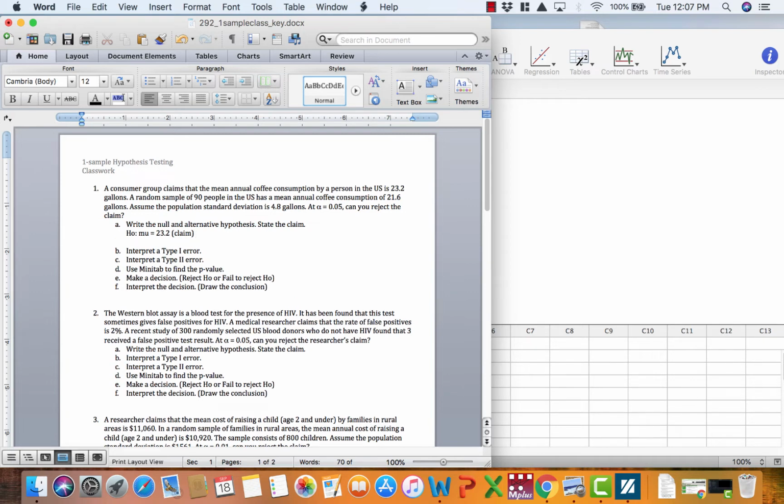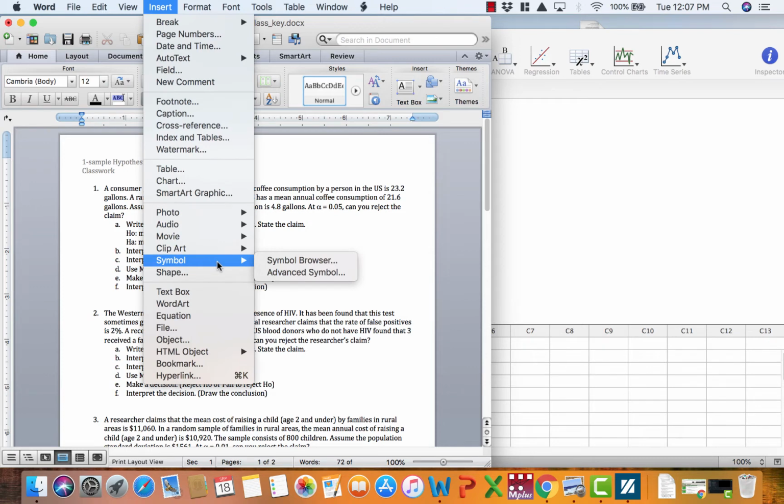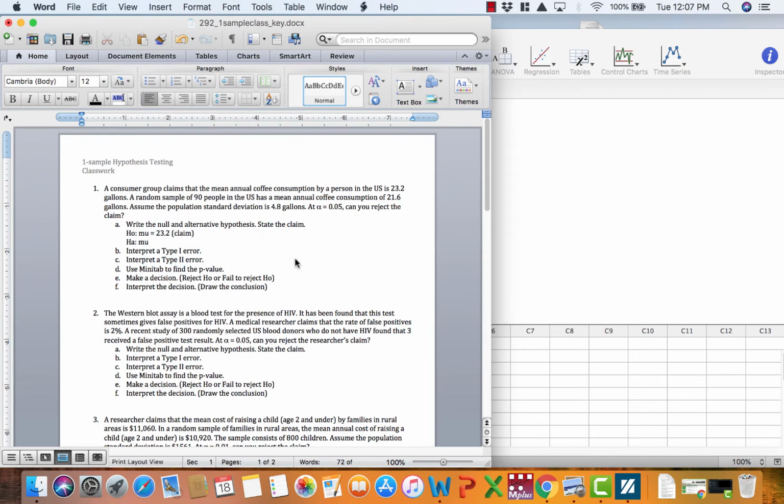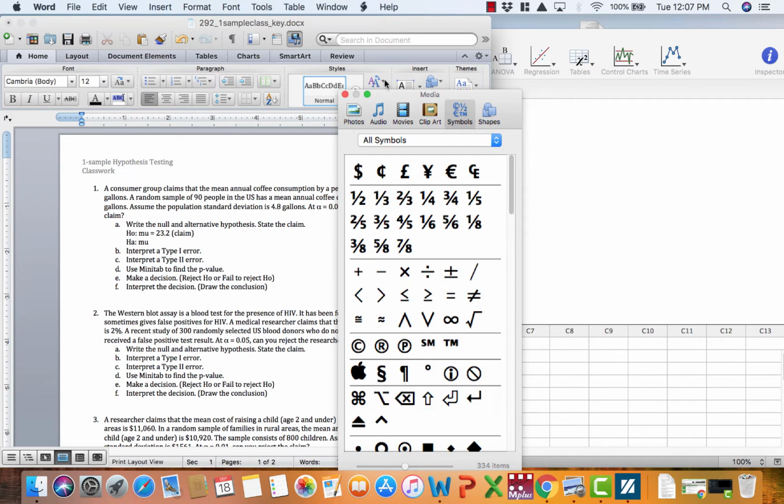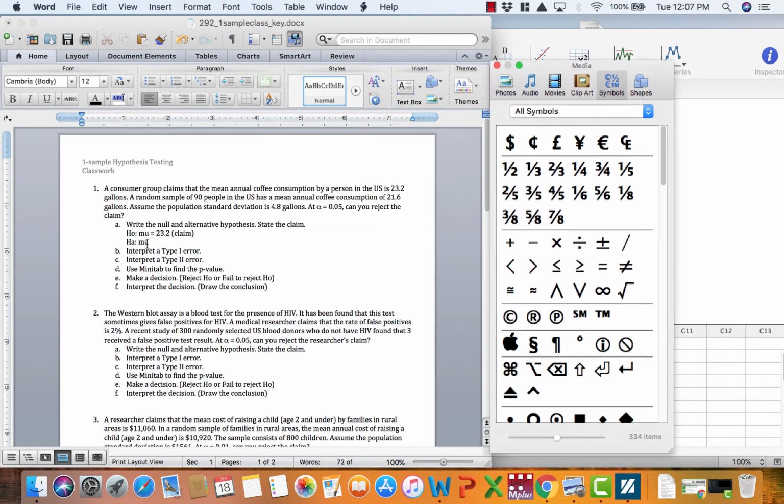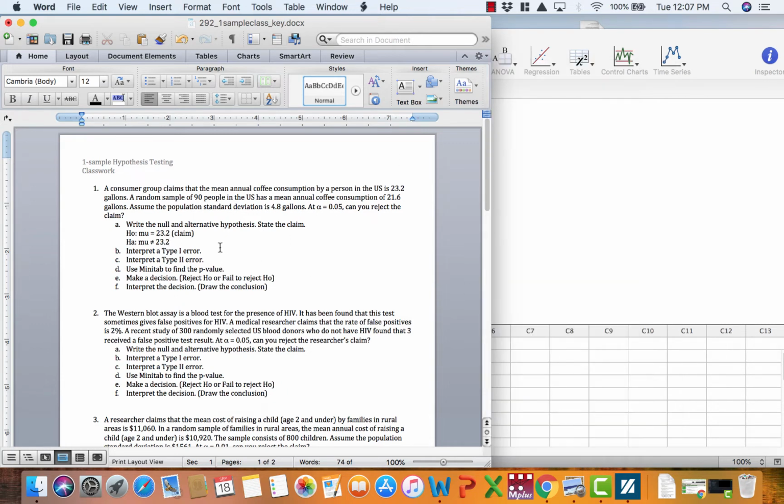And then the alternative is going to be mu, and we've got not equal, so I'm going to have to add in a symbol here of not equal to 23.2.